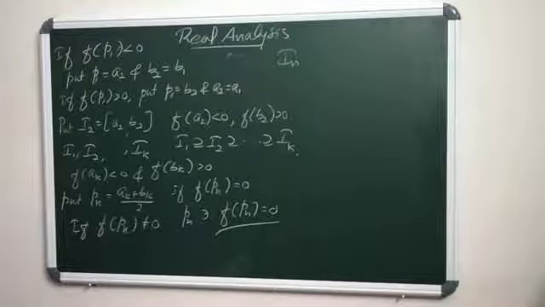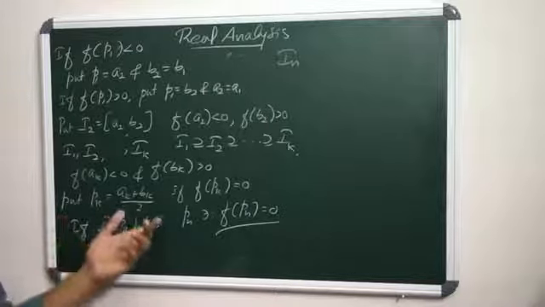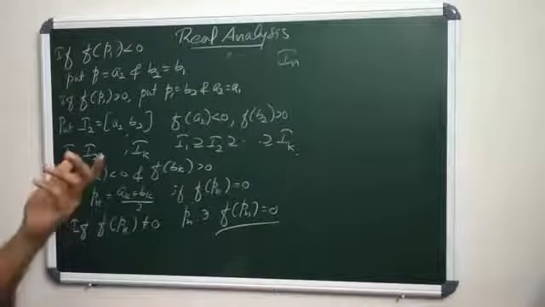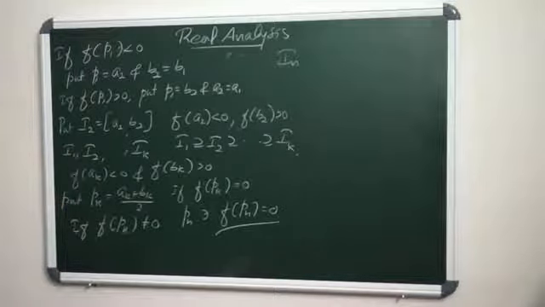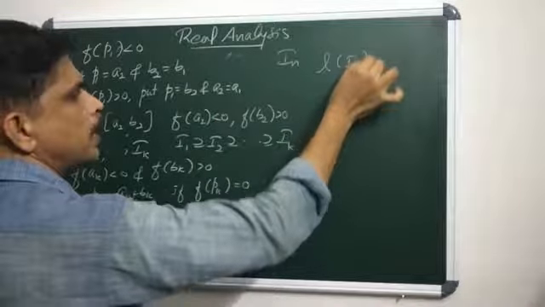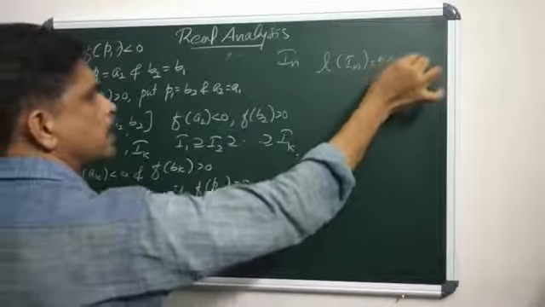But if the process goes on indefinitely, then we get a nested sequence of bounded intervals In. What is the length of In? The length of In equals Bn minus An.